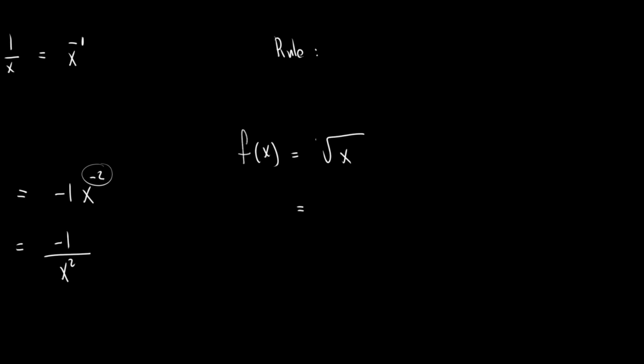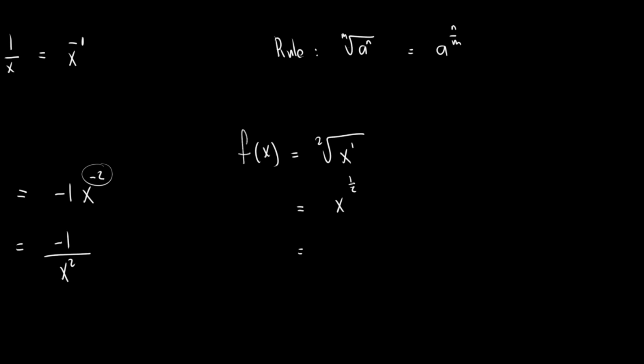Initially there's a 2 and there's a 1, but these are not written, right? So I can rewrite the nth root of a to the m as a to the m over n. I can do the exact same thing here, so I'm going to rewrite this as x to the 1 over 2.